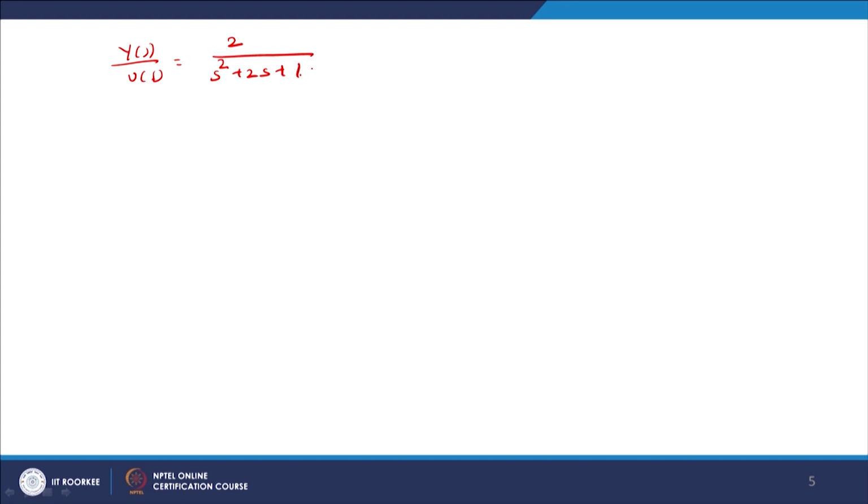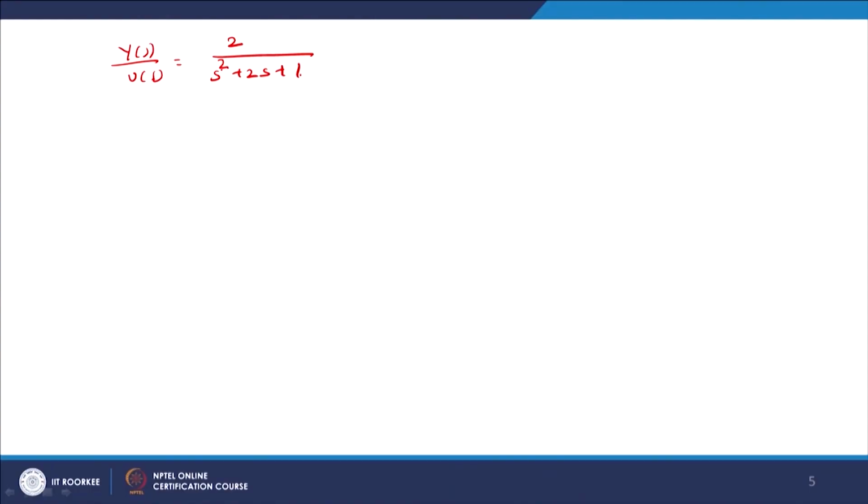This is a transfer function, and you know the transfer function is the Laplace transform of output to the Laplace transform of input, with initial conditions 0; we have already seen this. Now, we have to write this in a state space form, particularly a companion form, phase variable form, or in other words the controllable canonical form. Controllable is also a word common for this type of problem.